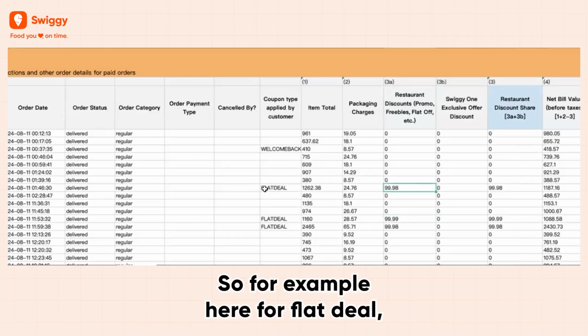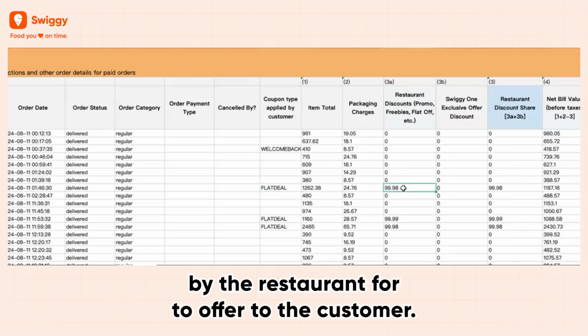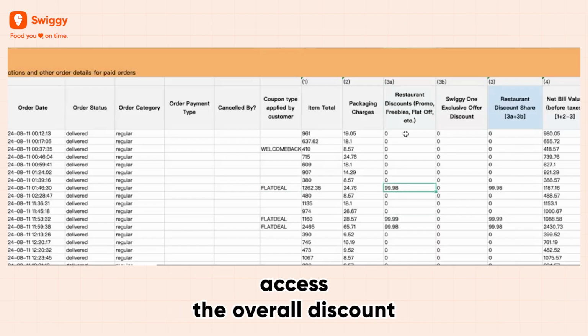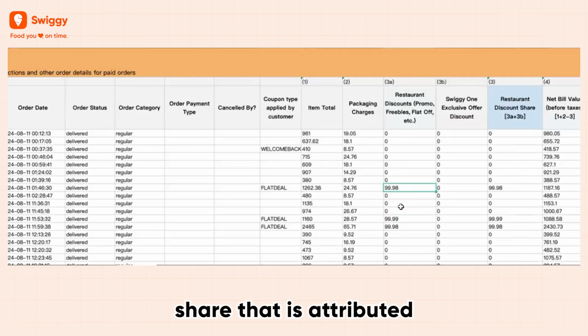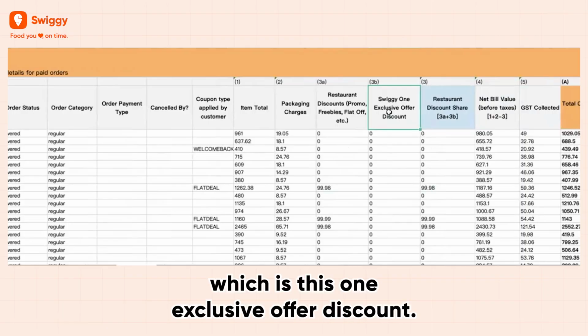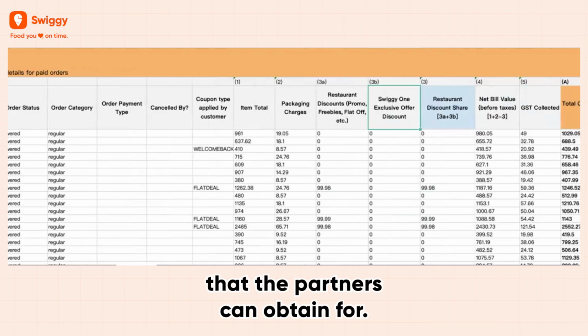For example, here for a flat deal, 100 rupees was something that was promised by the restaurant to offer to the customer. So we recover the money here, and this is where you can see the overall discount share attributed to the restaurant. Then there's an additional construct that we run, which is the Swiggy One exclusive offer discount. This is a special offering that the partners can opt in for.